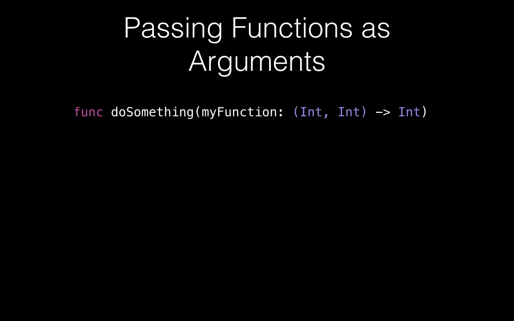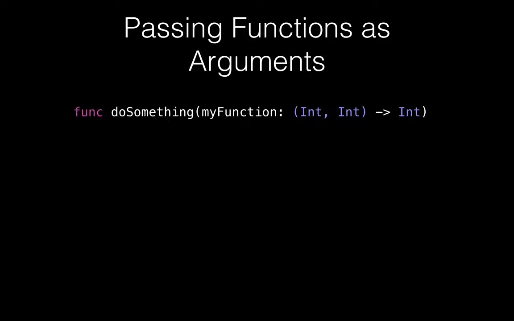It is actually a function. So my function, the argument, is a function itself, and it's of type int to int. So the function that we're passing into the doSomething function will be of type int to int. So that means it takes two integers and returns one integer as a return value.